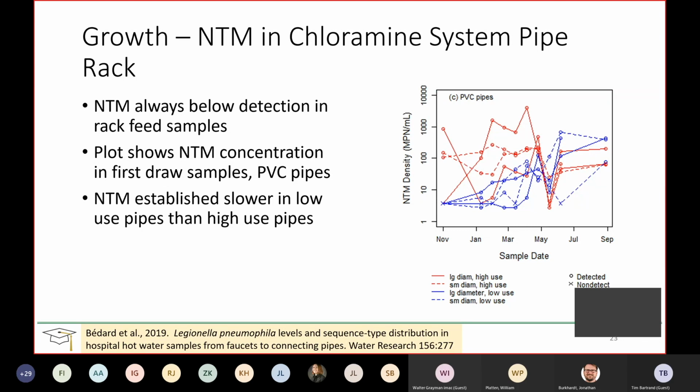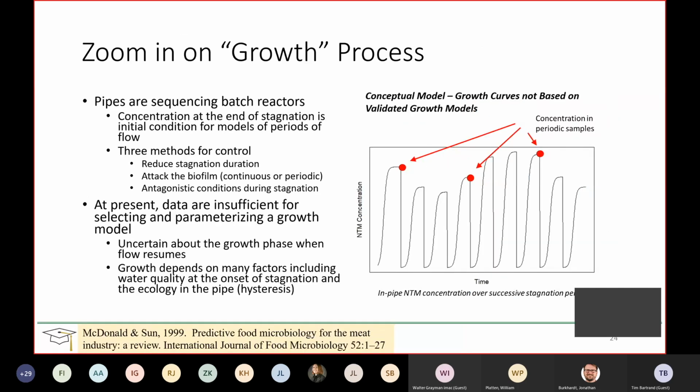The blue solid line is large diameter low use pipes, and you can see that there's somewhat different behavior between the high and the low use pipes. What we're actually seeing is a growth and flushing process that I'm depicting on the right hand side. And knowing that that is the process that's taking place tells us what control strategies we need to use.